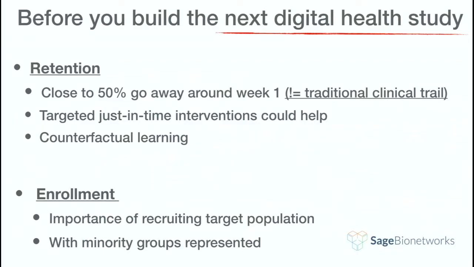So just to quickly wrap it up, before you build the next digital study, there are two key things that I suppose we should keep in mind: retention and enrollment. Not super hard things to do, but something to be aware of. And there are examples in our paper, or hopefully will show, on how to go about the initial problem of, yes, there is a 50% attrition in week one, but I'm going to also argue that 50% attrition in digital health compared to a traditional brick and mortar clinical trial is very different.